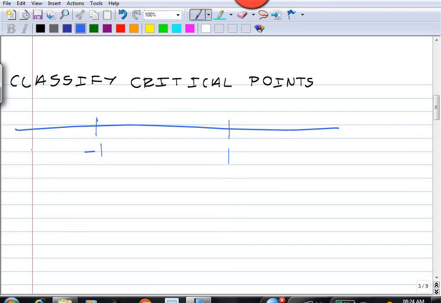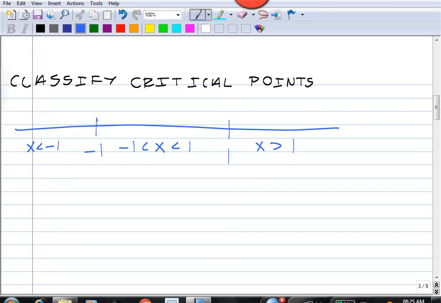Alright, so our critical points are at minus 1 and 1. So we need to know what is the sign of the first derivative on the interval minus infinity to minus 1, and what is the sign of the derivative of f on the interval from minus 1 to 1, as well as on the interval from 1 to plus infinity.